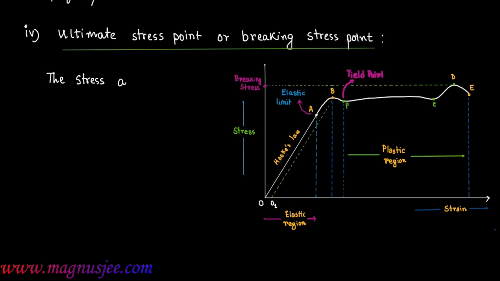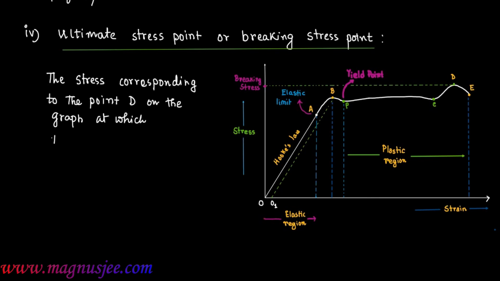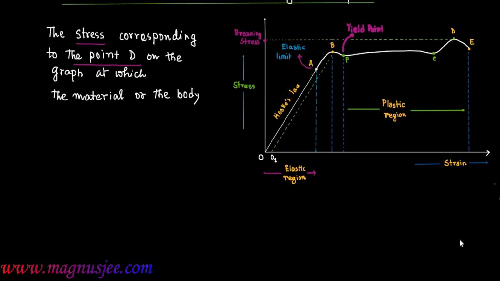The stress corresponding to the point D on the graph, which the material or the body can endure before failure, that means the body can bear the load before breaking, is called the breaking stress.